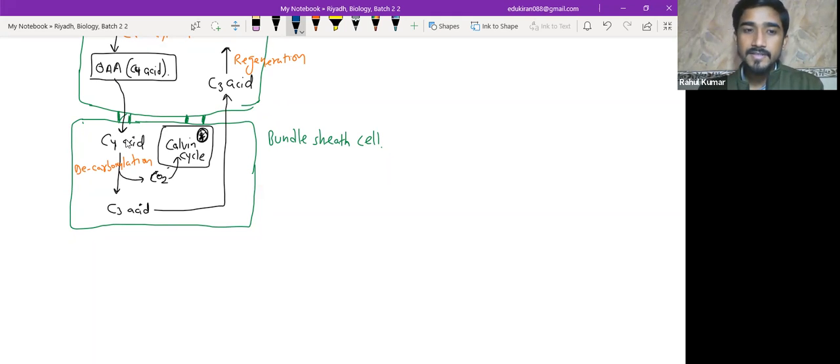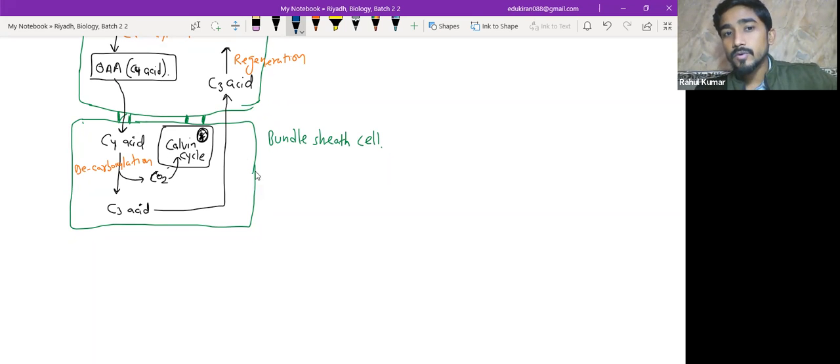Inside the bundle sheath cell, there is a chloroplast. There is chloroplast in both the mesophyll cell and the bundle sheath cell. Is it clear? Inside the chloroplast of the bundle sheath cell, this Calvin cycle is happening. Is it clear, everyone?